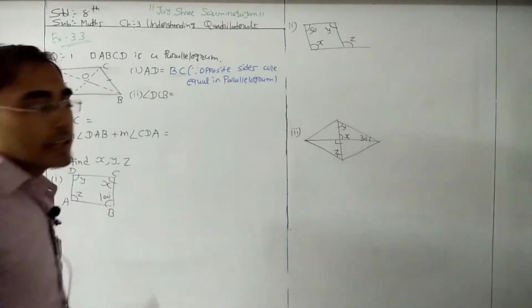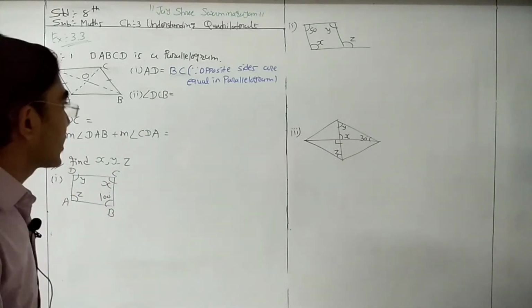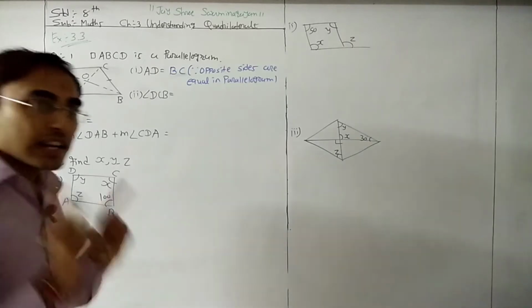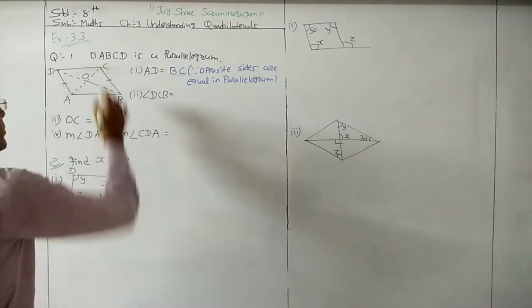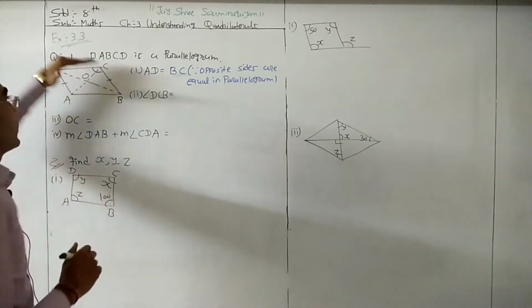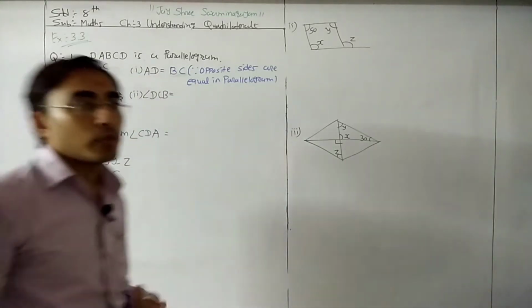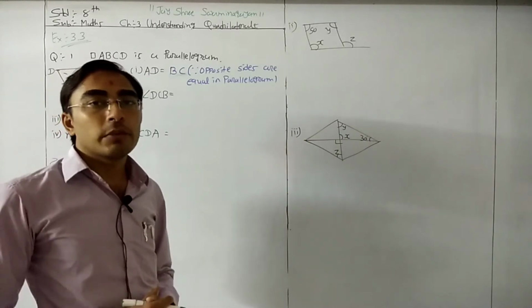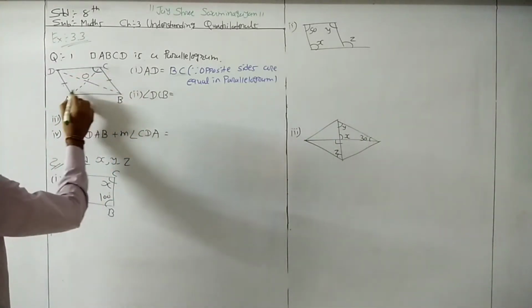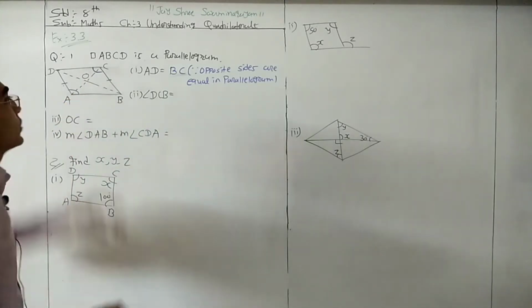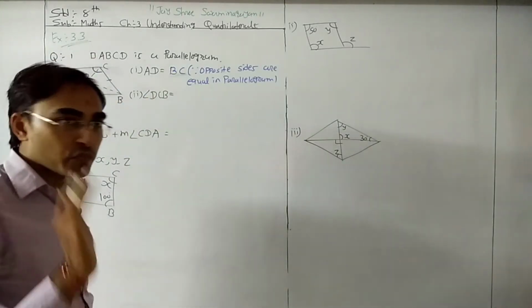Then the second question is angle DCB. D, C and B, that means this angle DCB. One more property of the parallelogram is that opposite angles are equal. So this angle C is equal to this angle. These two opposite angles are equal.